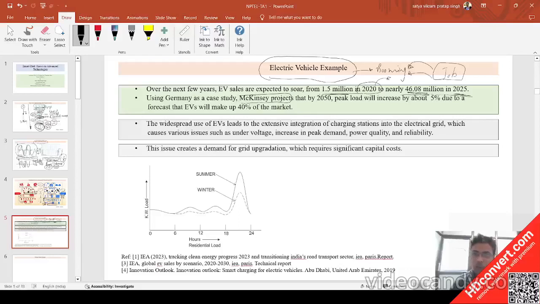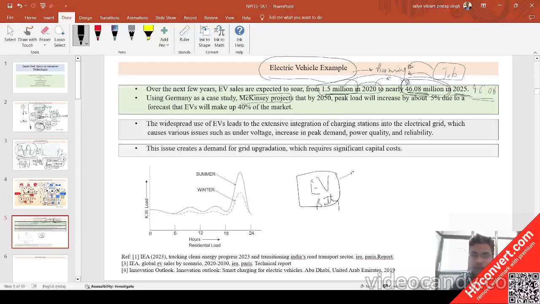This is huge, because it jumps from 1.5 million to 46.08 million.